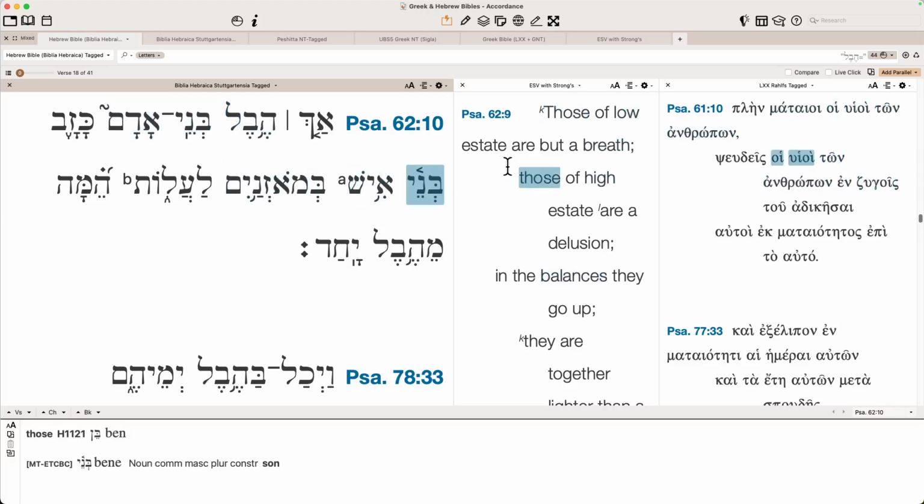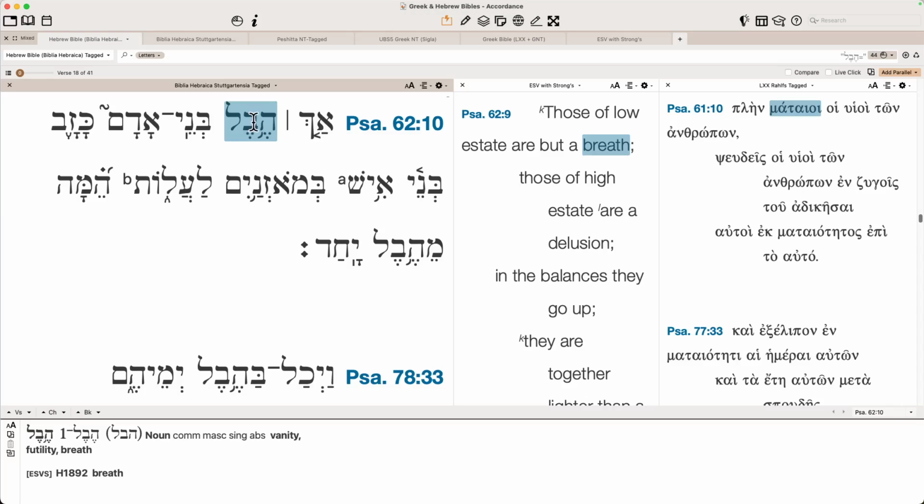And the ESV is doing those of high estate. They're doing Ish as like noble. I don't know. I go back and forth whether that's the case or not, but it's certainly a possibility.